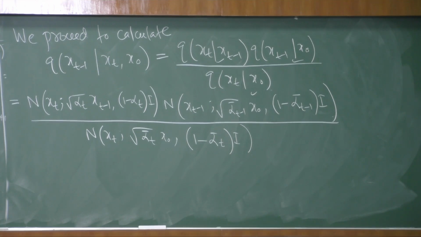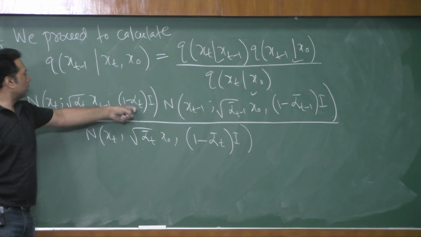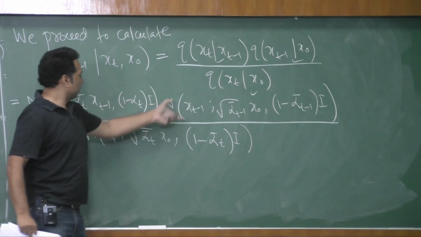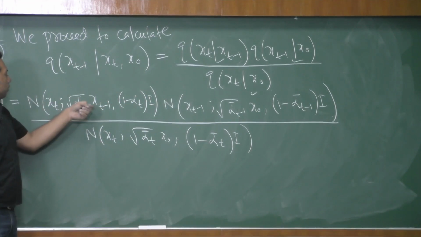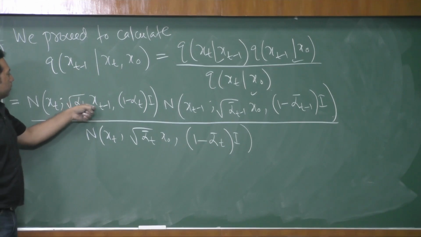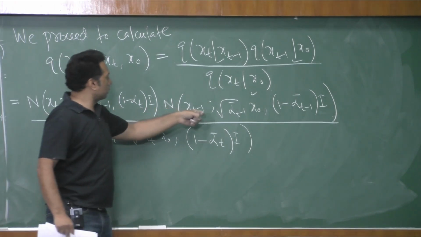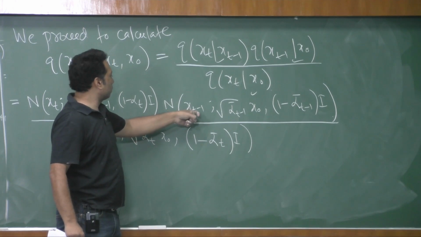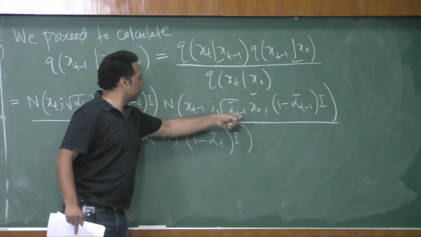So the actual PDF of this will be exponential of x minus mean divided by the standard deviation and so on. We have to recall the PDF of this. Since all are exponentials, we have exponential of x minus mean squared divided by the standard deviation, and then exponential of xt minus 1 minus the mean whole squared, and so on.